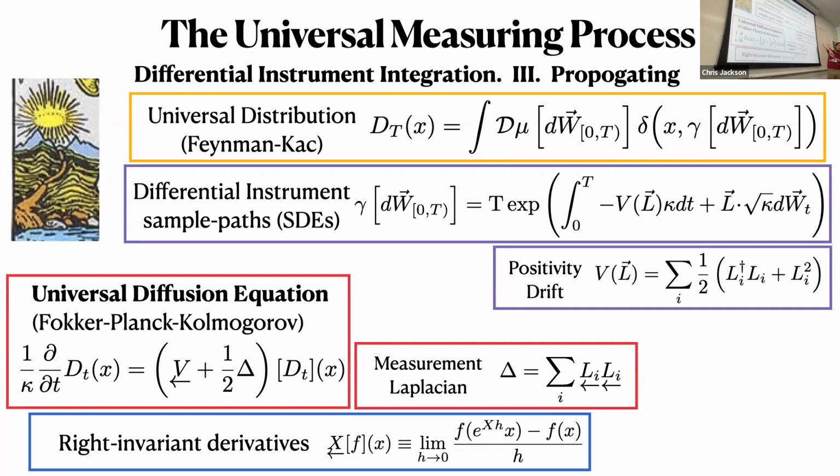Okay. So really, I'm just pointing at symbols because it might not be obvious to you at all how on earth these are derivatives. They're a new kind of derivative. They're called right invariant derivatives. They're a technology I had to learn because this is a fundamentally right invariant process, right?